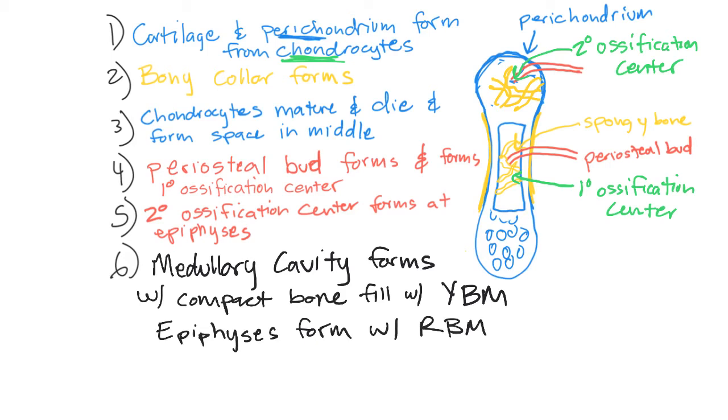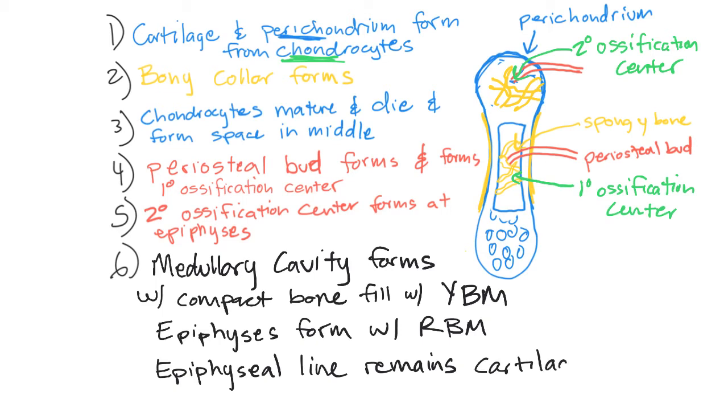Your epiphyses will form with red bone marrow. And all that remains of the cartilage will be the epiphyseal line.